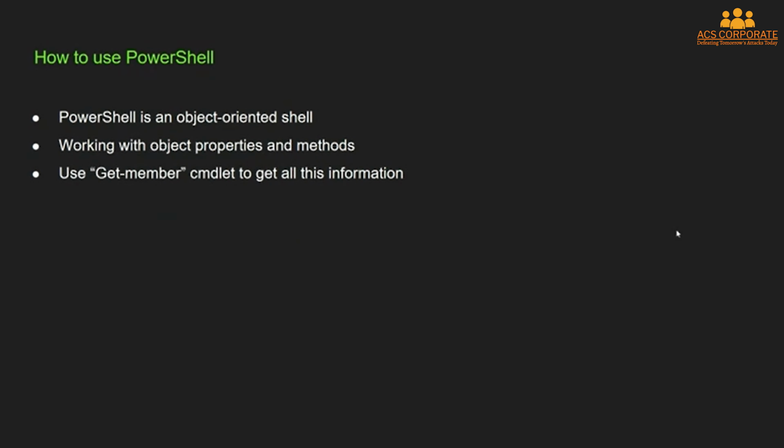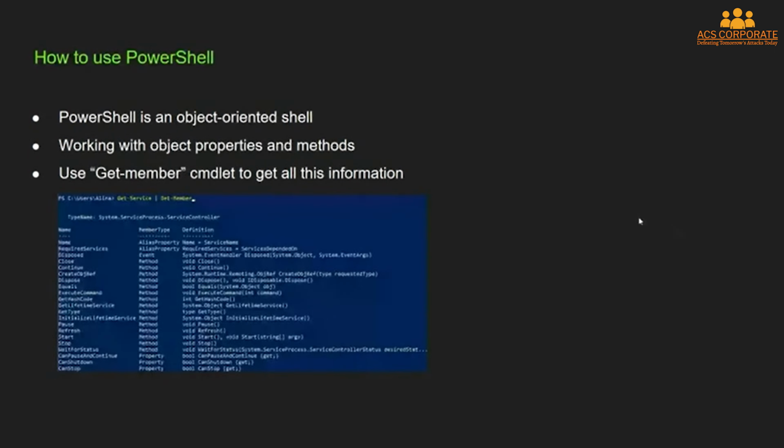If you would like to know more about any cmdlet in PowerShell, you can just use the Get-Member cmdlet. For example, in this screenshot, we are trying to get more information about the Get-Service cmdlet. And as you can see in the output, you will find some methods like close and some properties with information about this service.